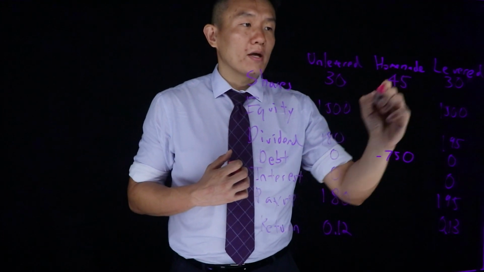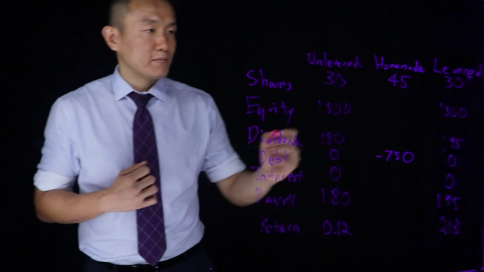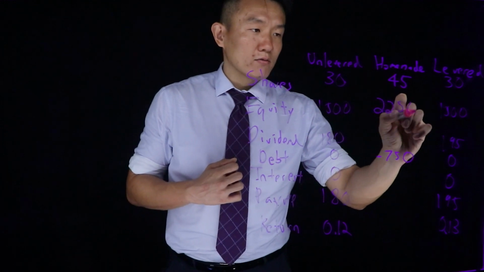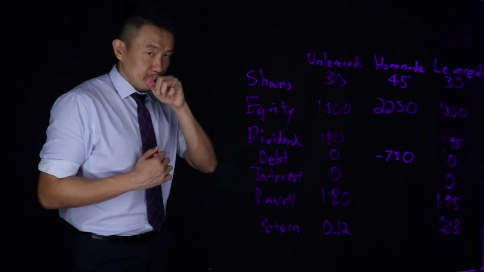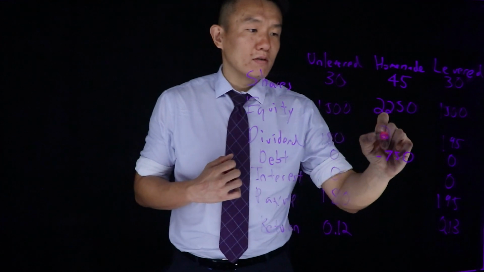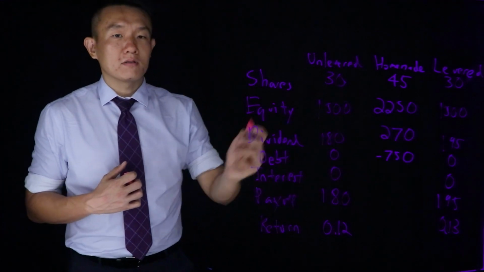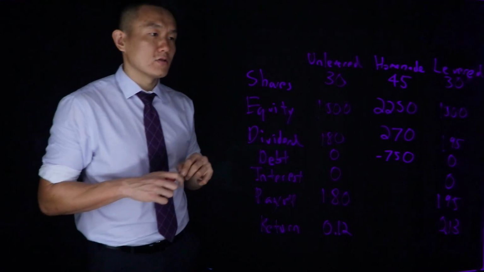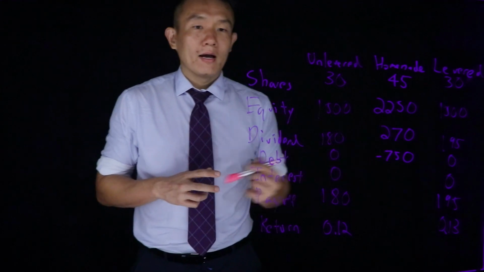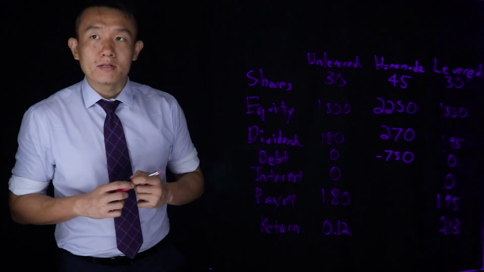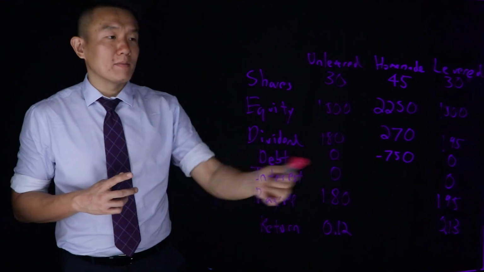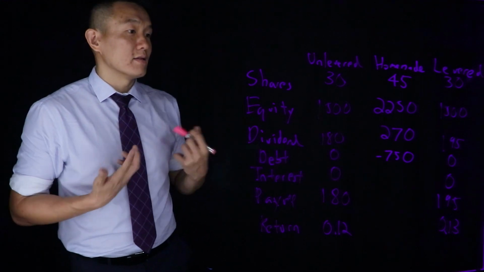So now they own 45 shares for a total equity of $2,250, and this would entitle them to a dividend payment of $270. In the unlevered firm, it's still $6 per share. However, out of this $270, they have to pay some interest on the debt that they owe now.